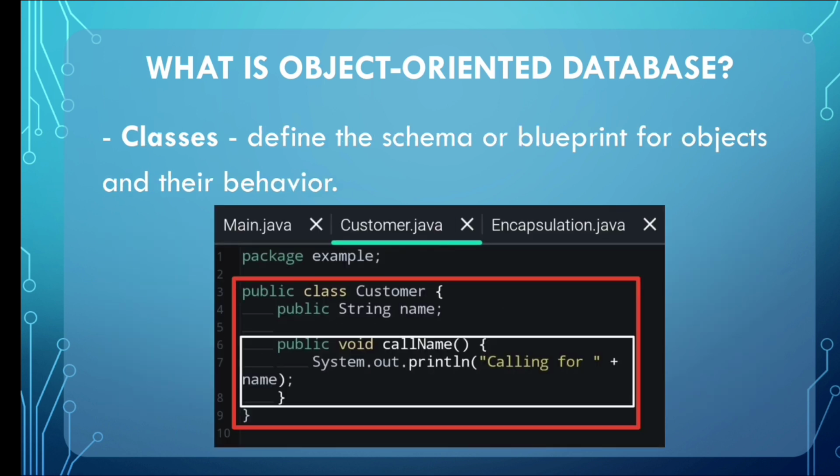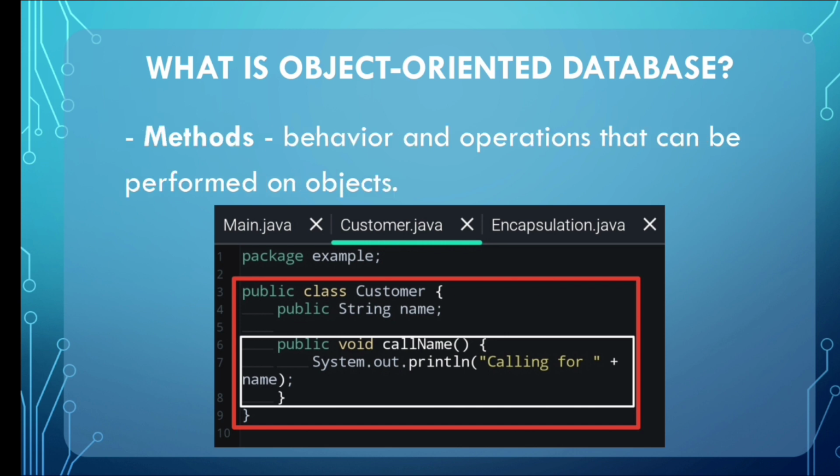Classes define the schema or blueprint for objects and their behavior. As you can see in this example, we have the class, public class Customer. That is the class, and inside the class we have the function or behavior. That's what we call the method.